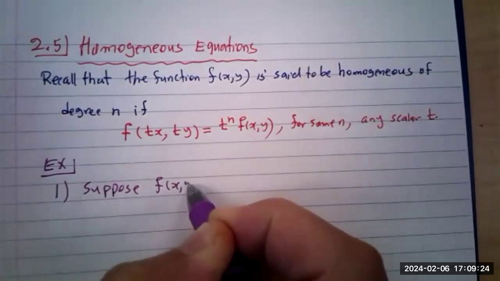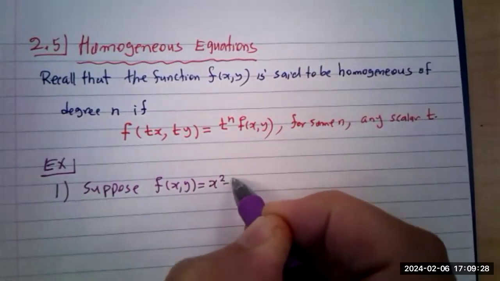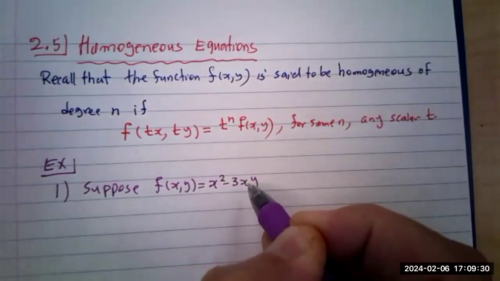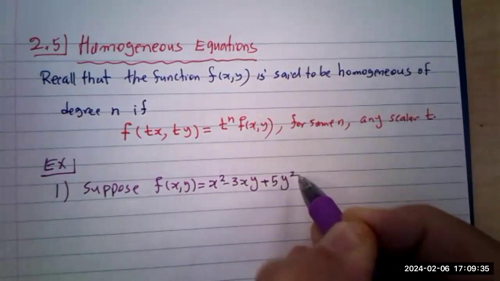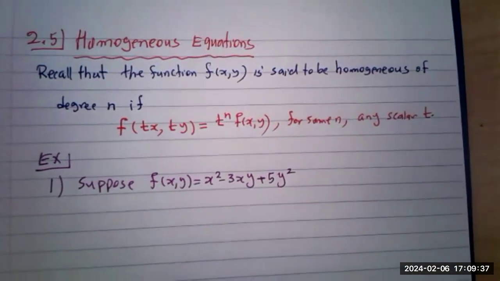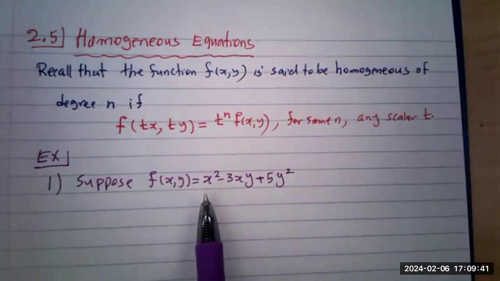So, for example, the first one, suppose this function is given to you: f of x comma y is equal to x squared minus 3xy plus 5y squared. Look at the power of each term. The power of the first one, as in algebra, degree is 2.